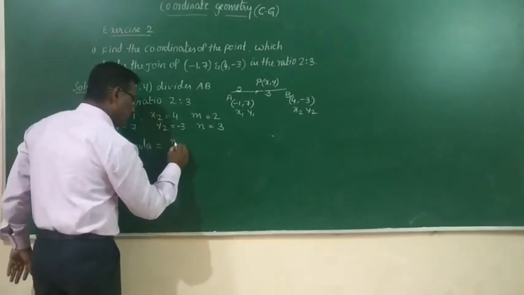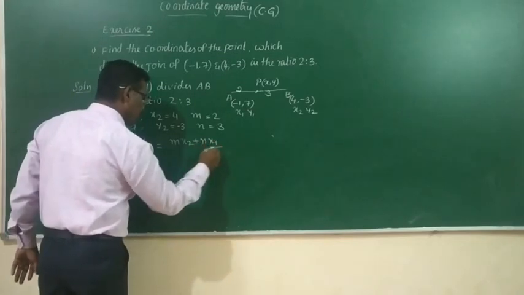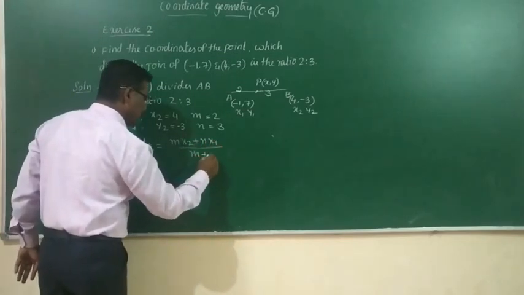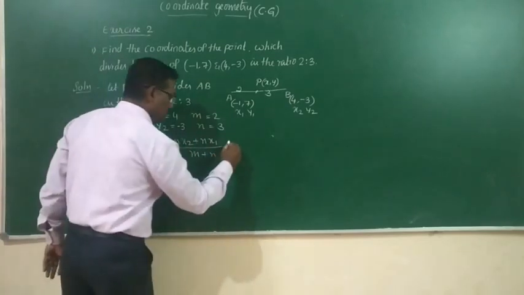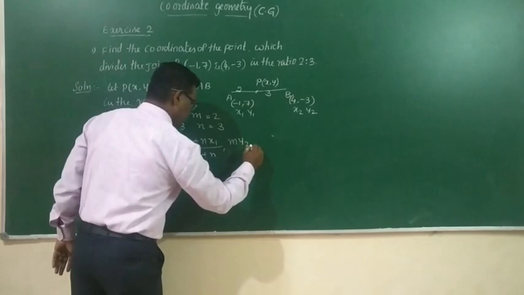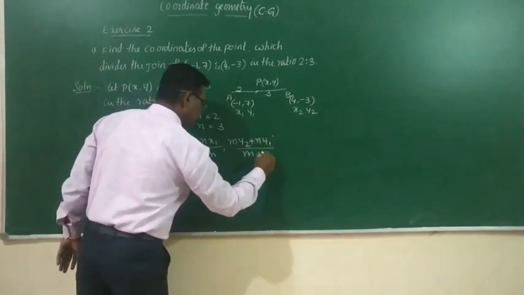So here we have mx2 plus nx1 by m plus n. This is the x coordinate of section point. Y coordinate of section point is my2 plus ny1 by m plus n.